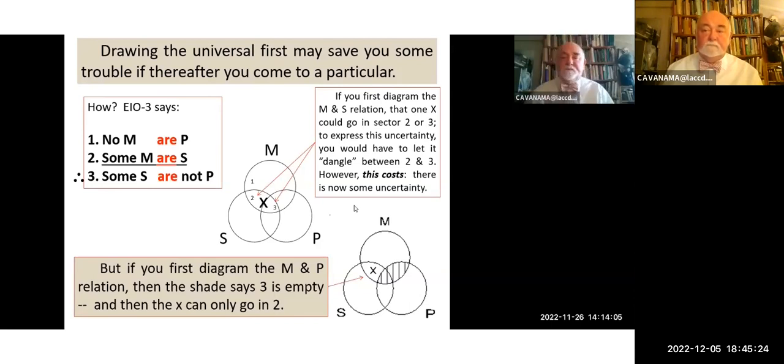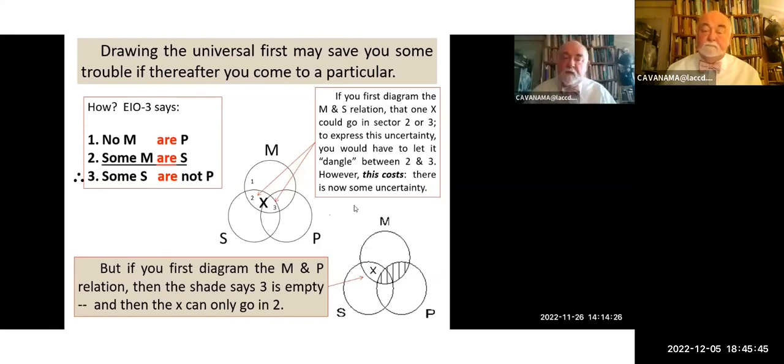However, if you had first diagrammed the universal, so what happens there? No M are P. Okay, you've used the shade to exclude that lozenge there where M and P overlap. And then when you come to put your X in, you no longer have to dangle it, because you already know something now that you didn't know if you started with the particular first. What you already know is that sector 3 is empty.